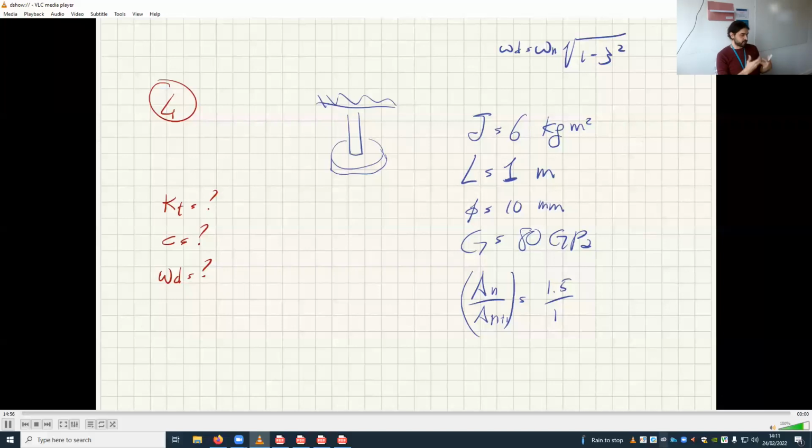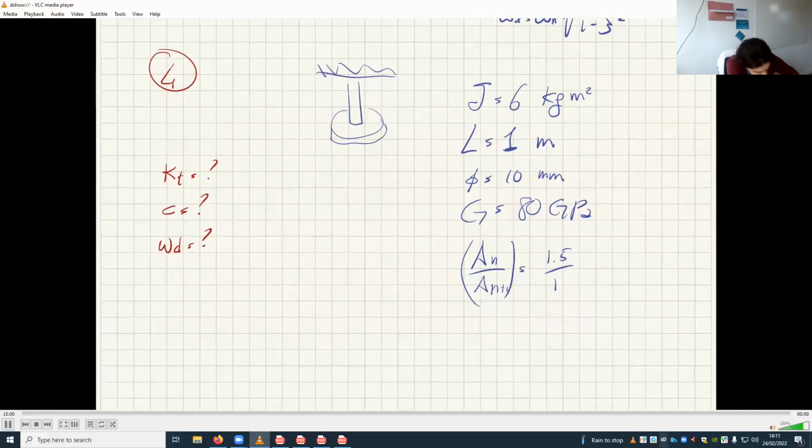So what is the equation for the angle of twist? This comes from the stress analysis. Let's not call this phi, let's call this d. So the angle of twist phi is TL over GJ. You should remember this.